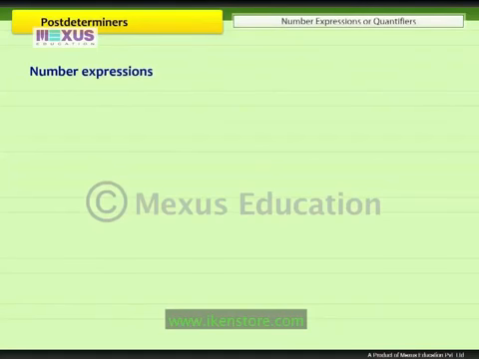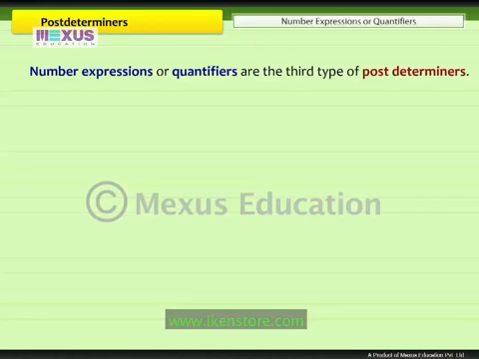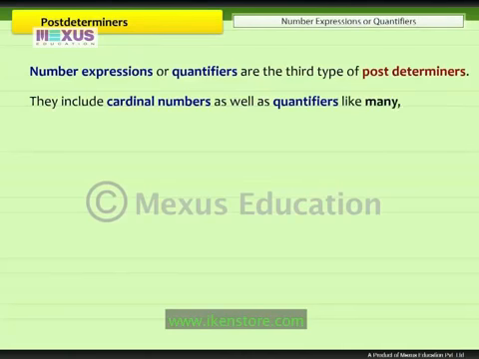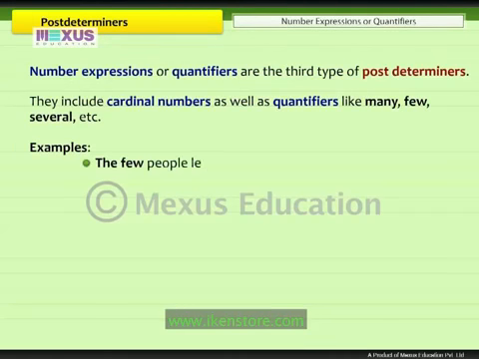Number expressions or quantifiers are the third type of postdeterminers. They include cardinal numbers as well as quantifiers like many, few, several, etc. Let us take a look at some examples to understand. The few people left have gone home. The word few in this sentence does not function as a central determiner.